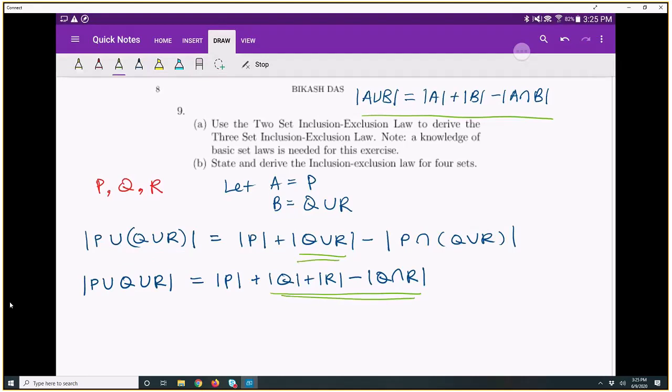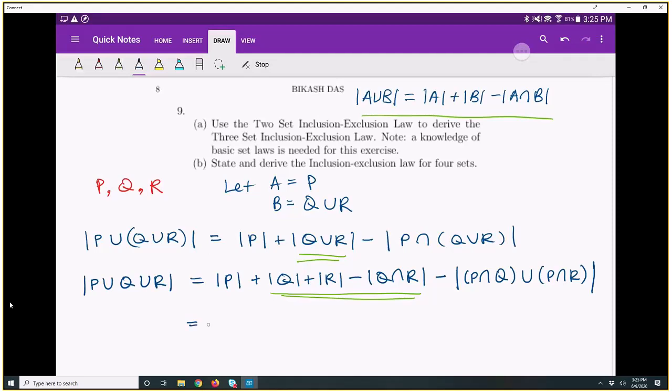These correspond. And then here, this set, P intersected with Q union R, I can write this as P intersected with Q union P intersected with R. So I've just distributed the intersection over the union.